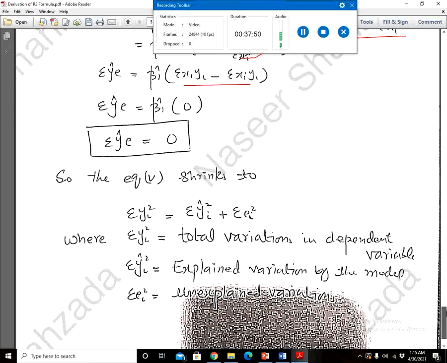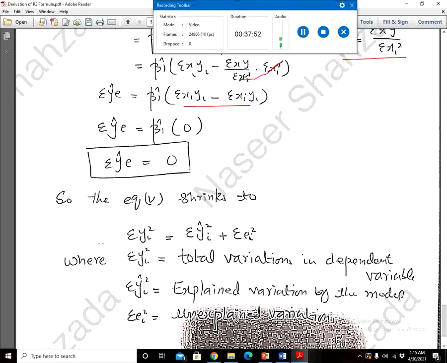Now from here we can deduce that when that term becomes equal to 0, equation number 5 will become this: the sum of square of total variation, that is yi minus y mean square, is equal to the sum of square of explained variation plus the sum of square of unexplained variation.